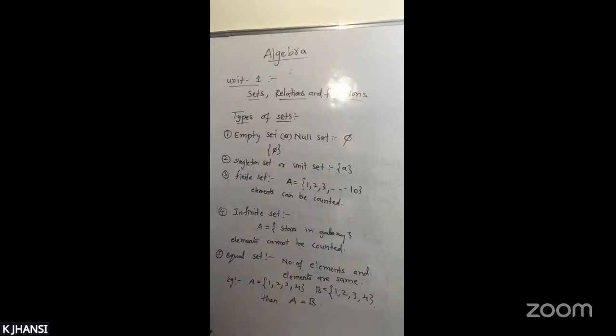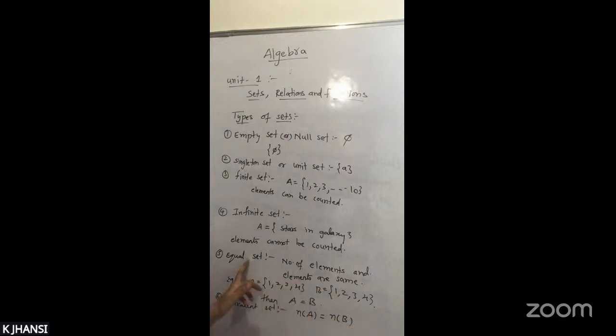Next we have, you are able to see now, one more: equivalent set. Here the number of elements in set A should be equal to the number of elements in set B. Equivalent set means n(A) should be equal to n(B).